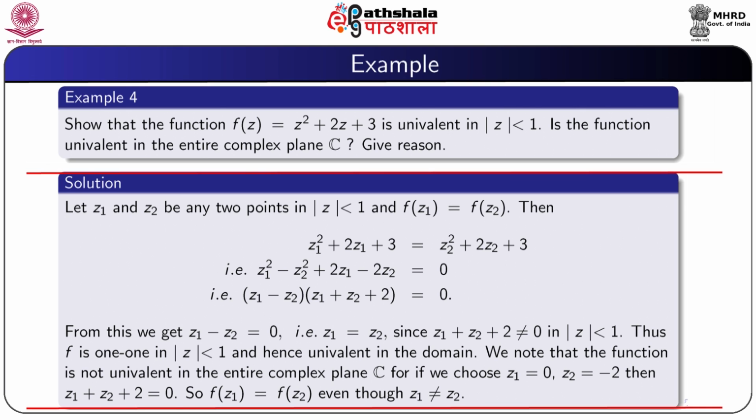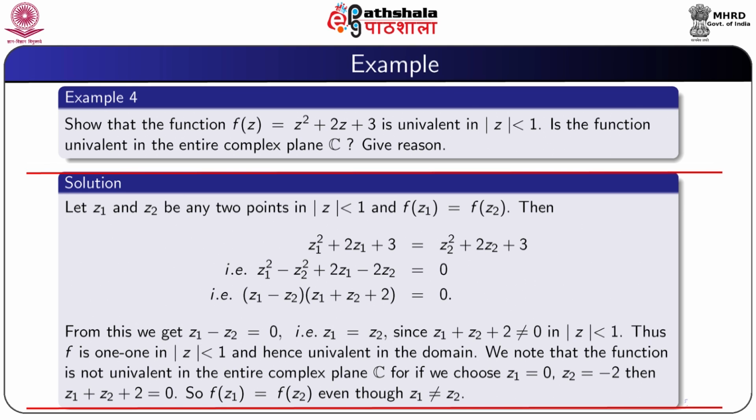So from this we get z1 - z2 = 0, that is z1 = z2, since z1 + z2 + 2 is not 0 in the region |z| < 1. Thus, f is 1-1 in |z| < 1, and hence f is univalent in this domain.